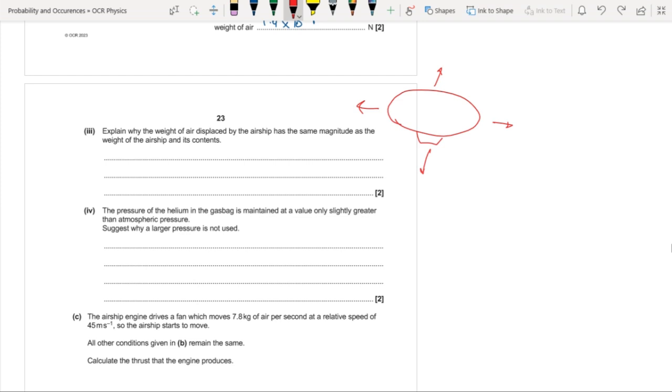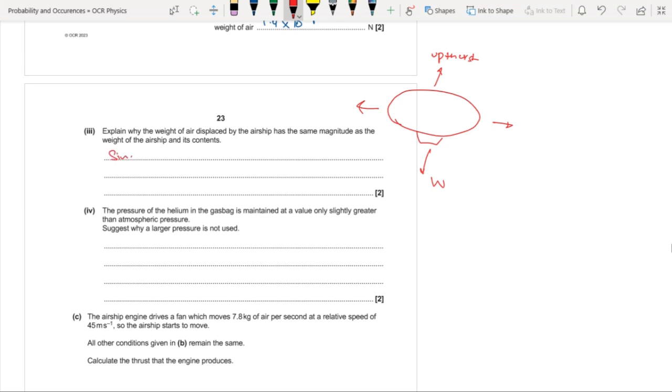So the force acting downward is the weight. The force to counter it, because the airship is stationary, happens to be the upthrust, or the weight of air displaced by the airship, and they should equal each other.